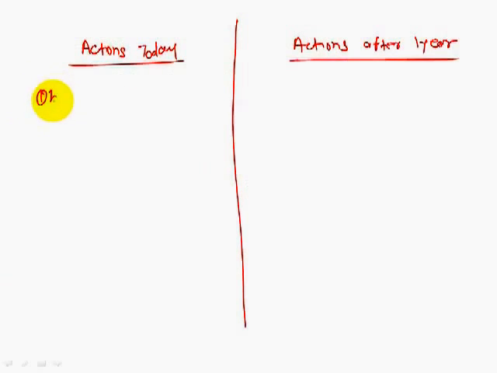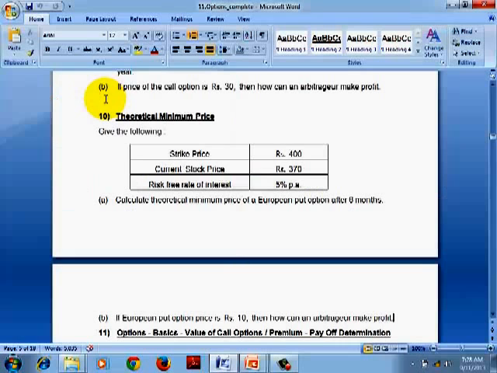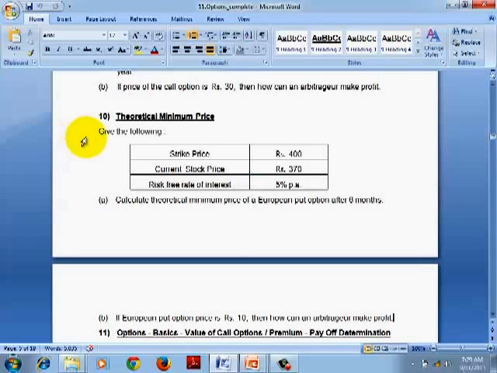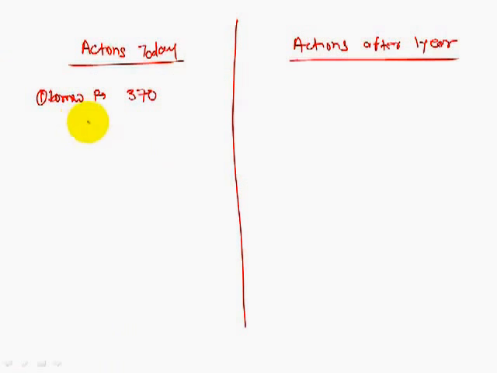Let us first borrow 370 rupees, which is the current stock price, and by using this money buy a stock.